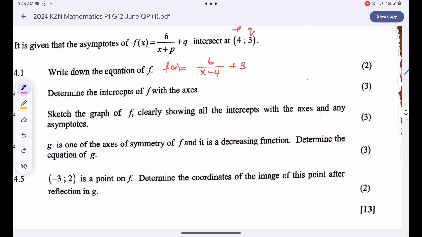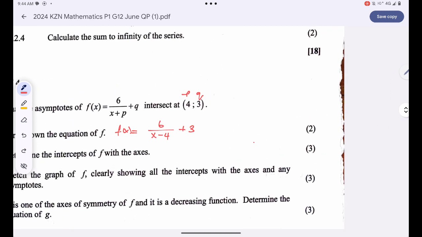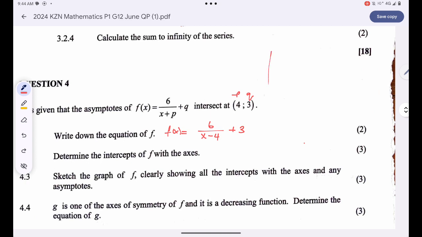Then I'm supposed to determine the intercepts with the axes. I must find both the x and y intercepts. For the x-intercepts, guys, I don't care what kind of function I have. All I need to know is that I must make y 0 and solve for x. After making y 0, I'll simply have 0 is equal to 6 over x minus 4, plus 3.